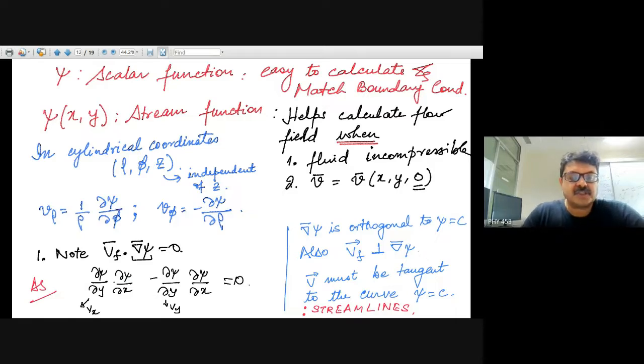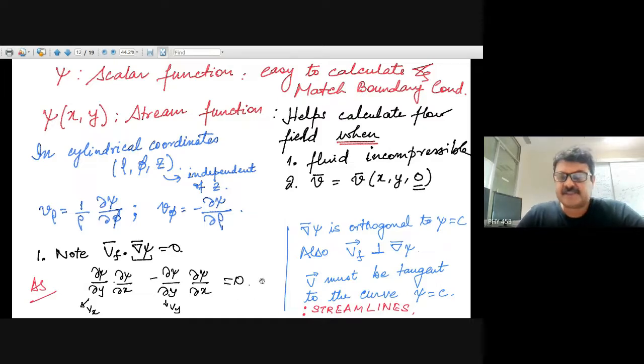Now the thing to note is that the velocity field at any point dotted with grad psi, the direction where psi is increasing at the fastest rate, is identically always equal to 0. And what is the reason? If you just substitute the Vx and Vy components into del psi del x and del psi del y, then you can trivially see that this relationship is equal to 0.